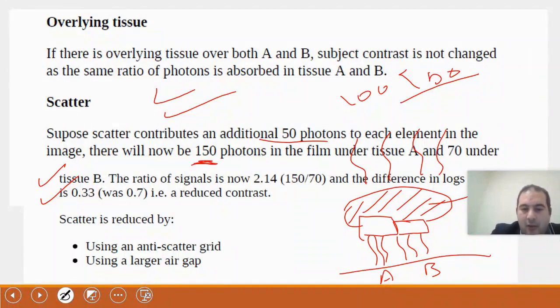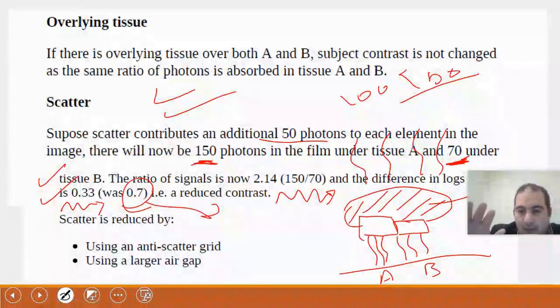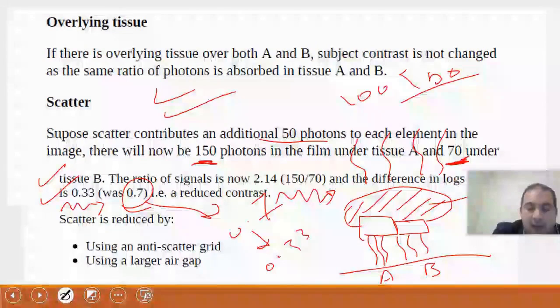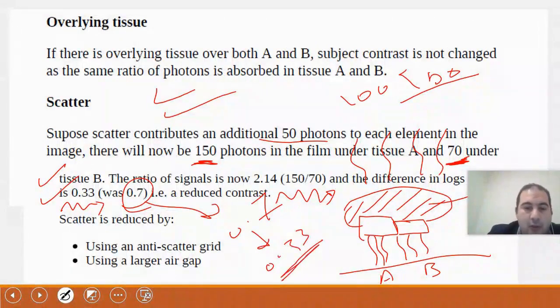In this case, the 100 becomes 150 and the other one becomes 550. So the ratio between the two signals, 150 to 550, means the difference in the log here will be 0.33, even though it was 0.7 before. The difference between the two organs decreased from 0.7 to 0.33, which means there was a reduction in the contrast of the image. The result is due to the presence of scatter.